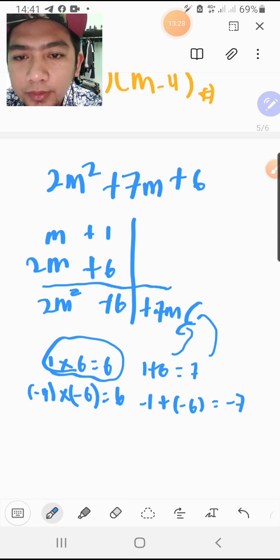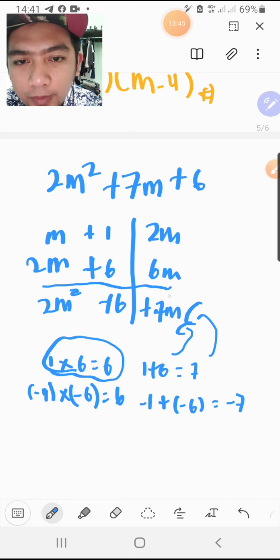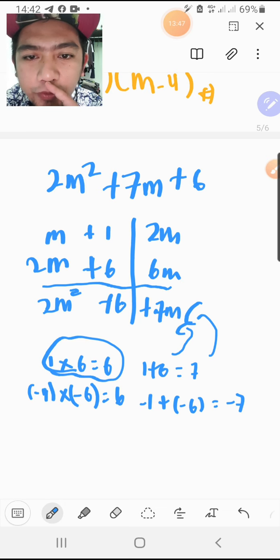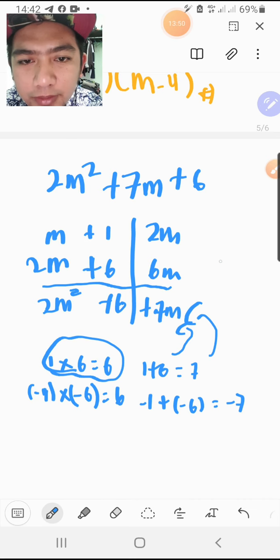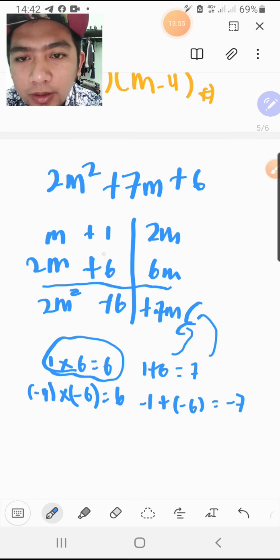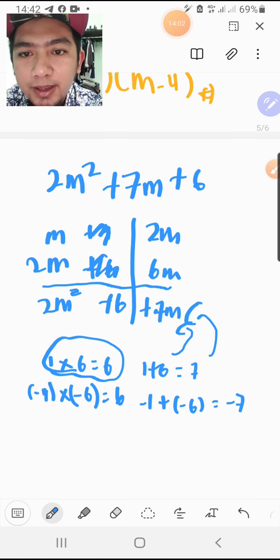Okay. So try first. 2m times 1, you will get 2m. m times 6, you will get 6m. Now let's check. What happens if you add? 2m plus 6m, it will become 8m, right? Not 7m. So this factor is not suitable. You have to find another factor.